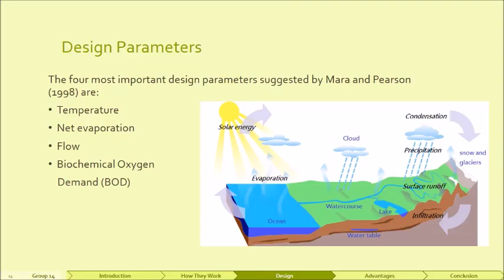Biochemical oxygen demand can be measured from the existing wastewater. If this is not possible, then the biochemical oxygen demand can be estimated through several formulas. Depending on whether the final effluent is to be used in agriculture or aquaculture, numbers of fecal coliform and Helminth egg numbers are also important.